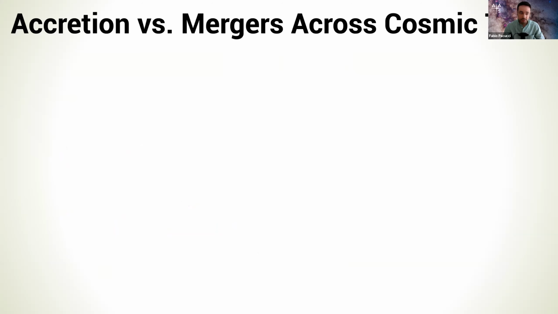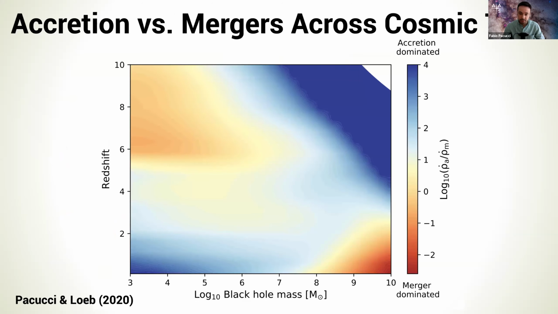So I'll go directly to the main result of the paper. I'm going to describe this plot that has on the horizontal axis the log of the black hole mass, from 1,000 to 10 to the 10 solar masses, so very large black holes. And on the vertical axis, you have the redshift.